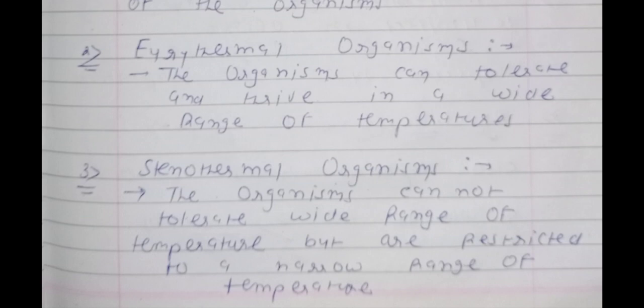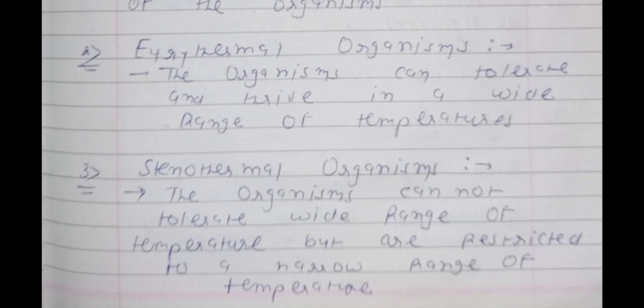only definitions are given. See the first point: for euthermal, the organisms that can tolerate and thrive in a wide range of temperature are known as euthermal type of organisms. Again, organisms which are able to survive in a wide range of temperature are known as euthermal type of organisms.